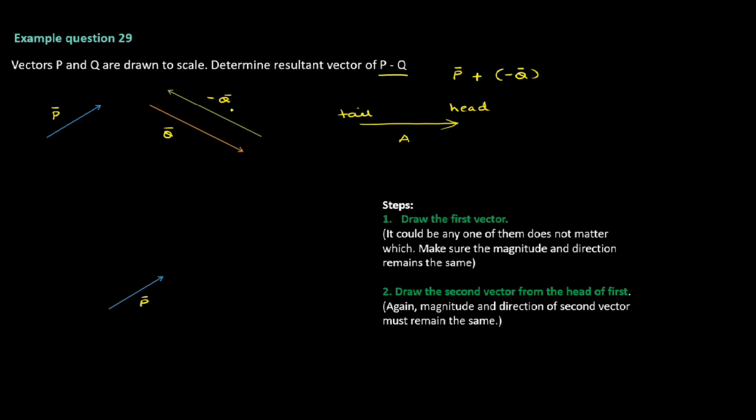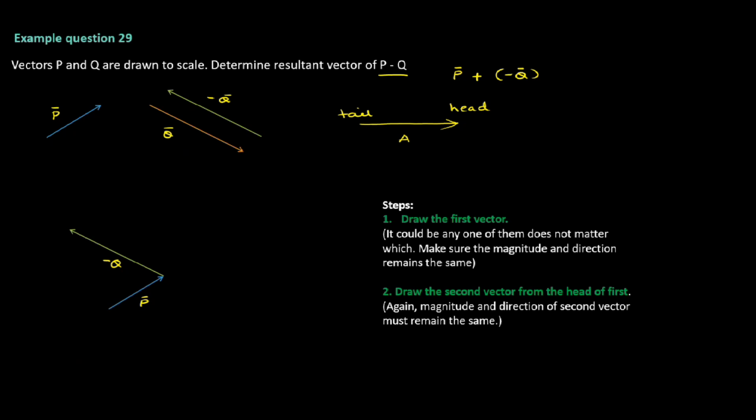So negative Q, I'm going to start drawing from the head of P. So we draw the vector negative Q. Again, you have to make sure magnitude and direction do not change. Negative Q is pointing like this here. I draw it in the same manner, starting from the head of P.